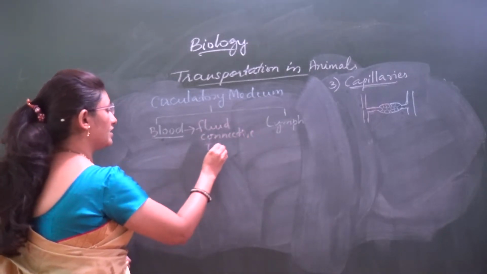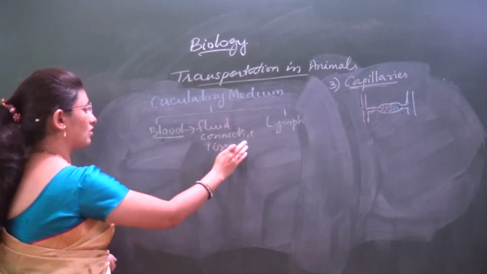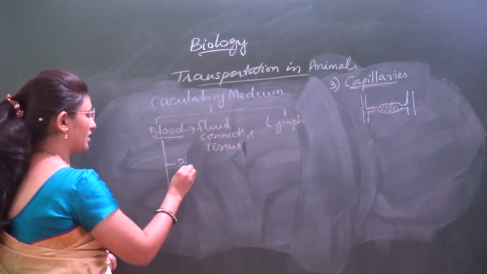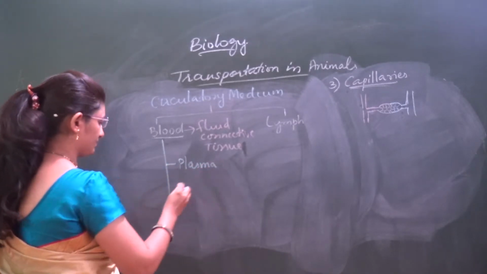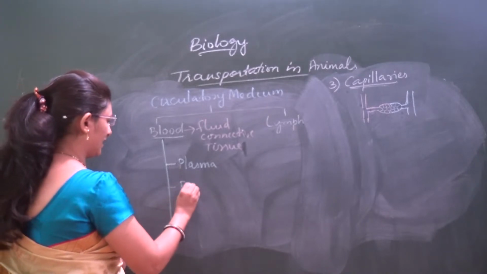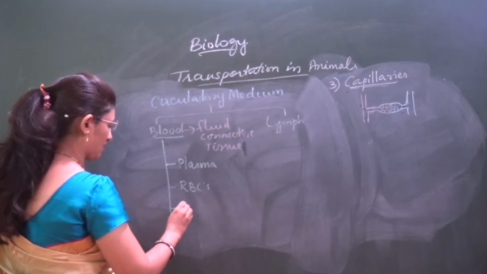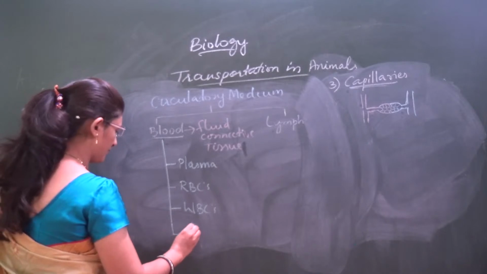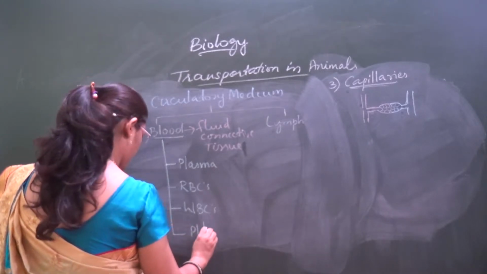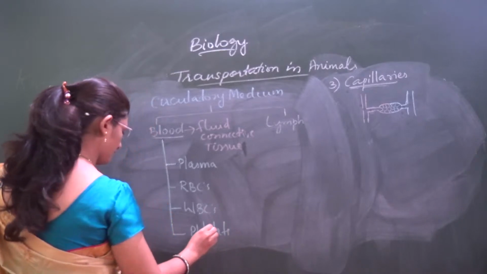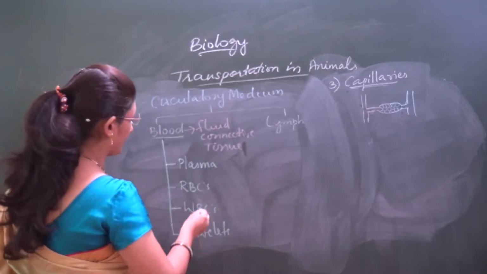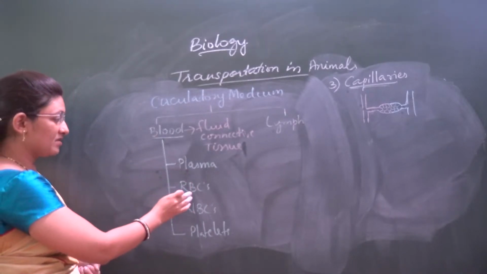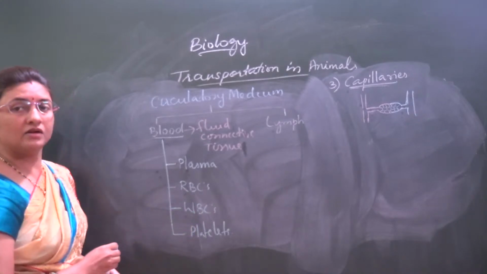This blood is consisting of the components which are called the plasma, the red blood cells, white blood cells, and the platelets. Right. The components of the blood are the plasma, the red blood cells, white blood cells, and the platelets.